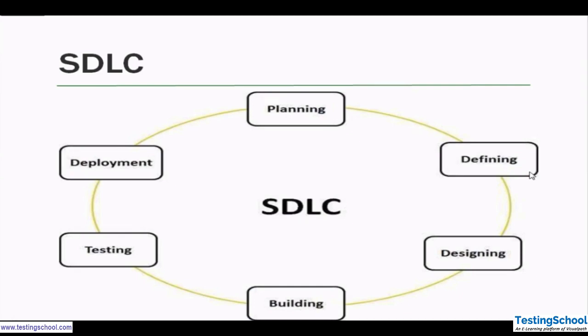After that, we build the software, then comes testing, and at the last we have the deployment of the particular product. So the software development life cycle includes planning, defining, designing, building, testing, and deployment of the product to the end client.